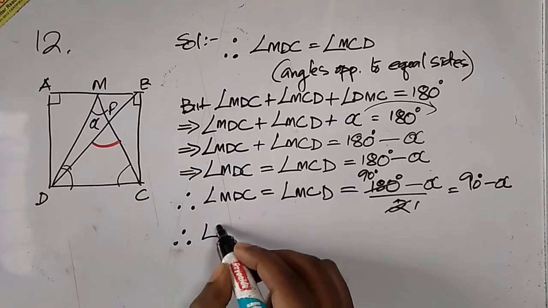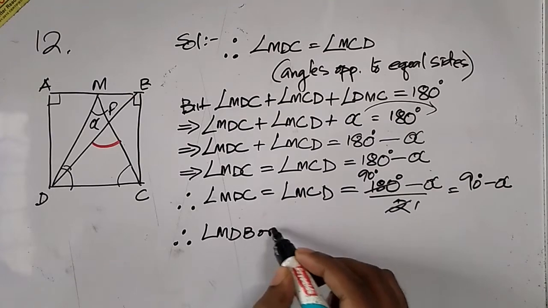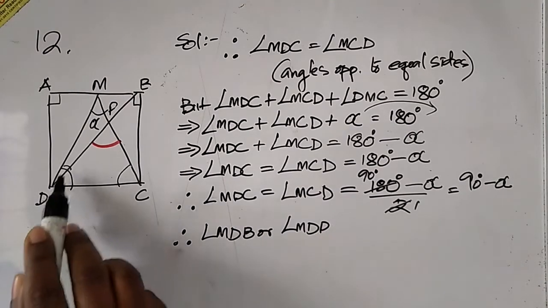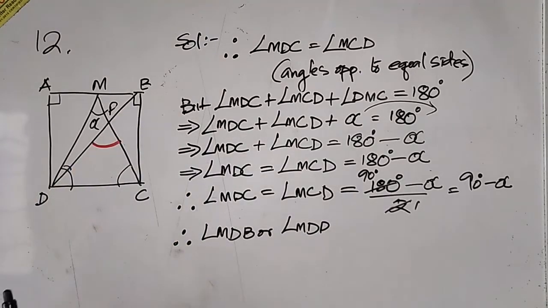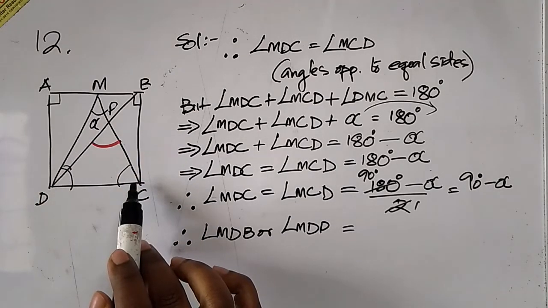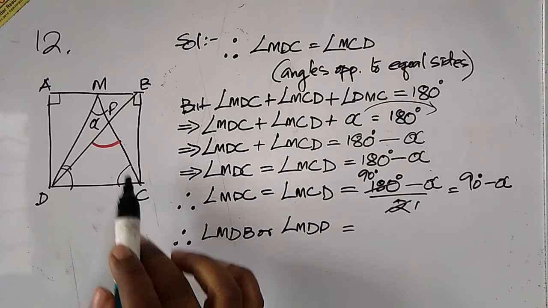Therefore, angle MDB or angle MDP, right? MDB or MDP is equal to angle MDC minus angle BDC.